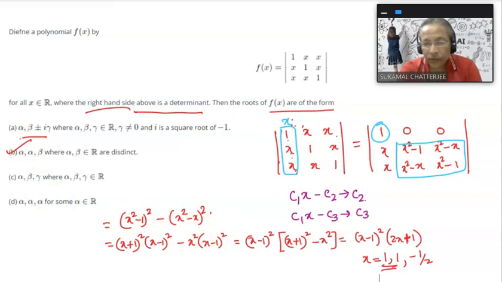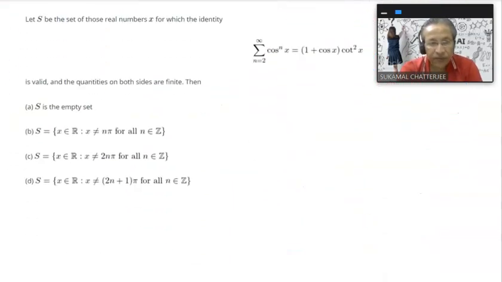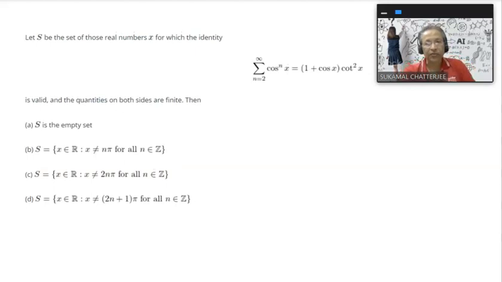Now we go to the next question, which is question number 3, which says: let S be the set of all those real numbers x for which the identity is valid and the quantities on both sides are finite. Then what are the elements of the set S?